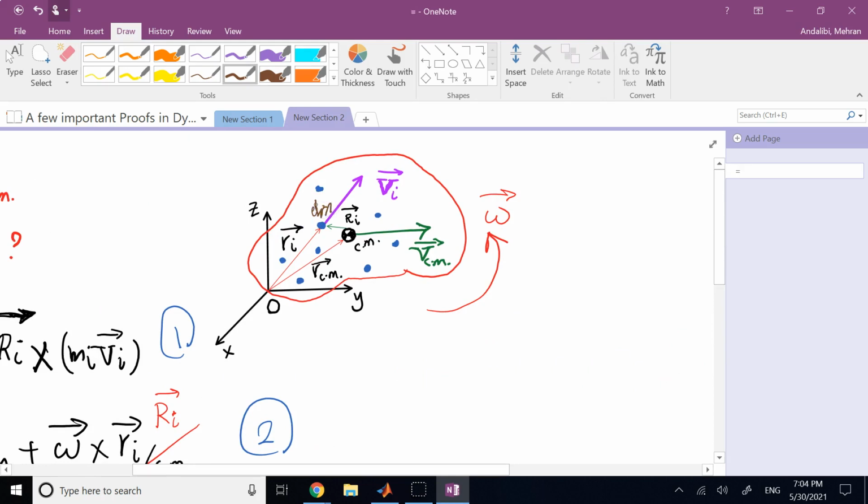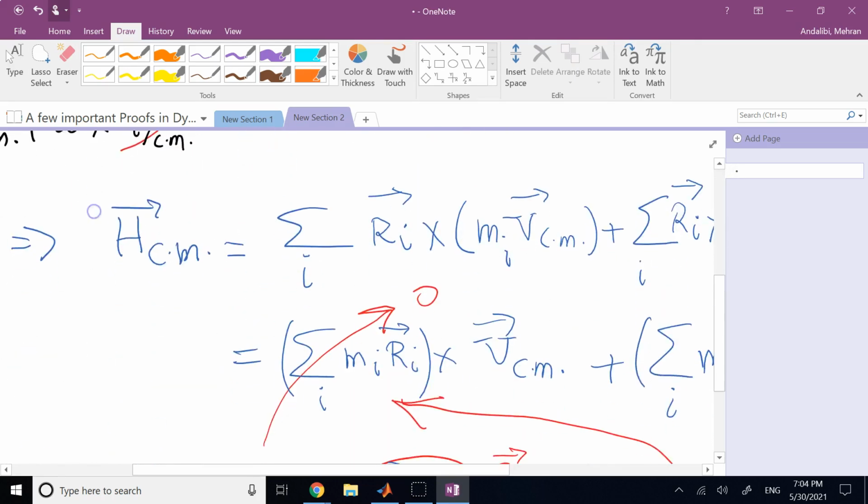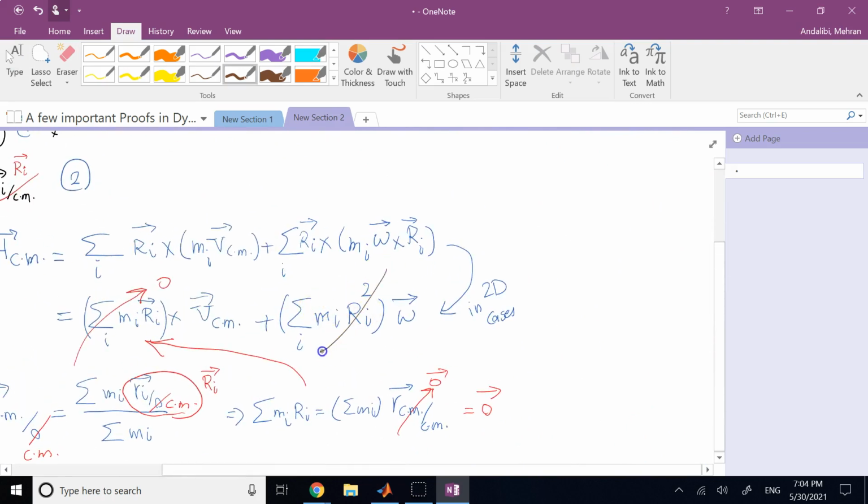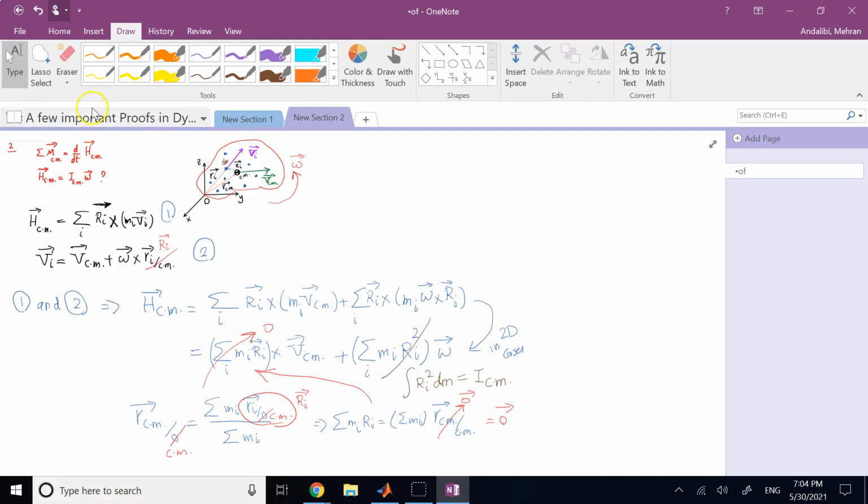So then here this summation will be converted into integral of magnitude Ri squared dm. And guess what? What's the definition of this? That's exactly equal to mass moment of inertia with respect to the centroid. Done. Do you see?